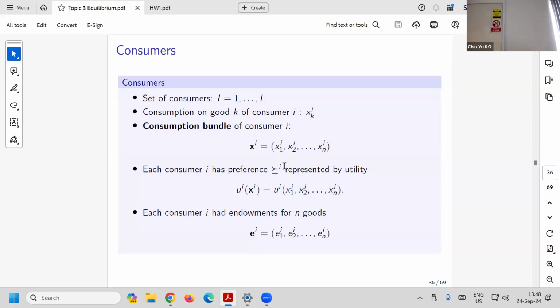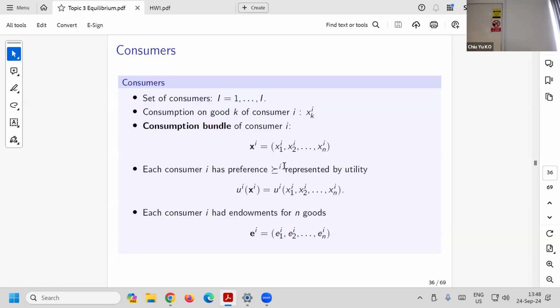And here we assume the preference can be represented by utility. Then you know what is needed, right? As long as the preference is continuous, or if you want monotone, but it need not be, continuous is enough, it exists, right? If not continuous, like lexicographic, it doesn't. But as long as it's continuous, this is fine.